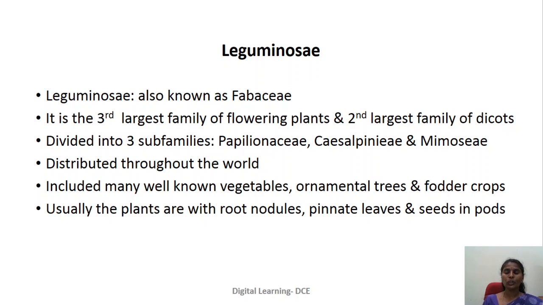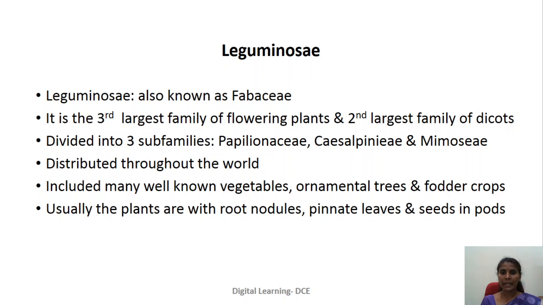As we all know, in our daily life, we use many pulses as well as vegetables like pea, groundnut, green gram, dal, soybean, etc. as our food source. All these belong to the family called Leguminosae.